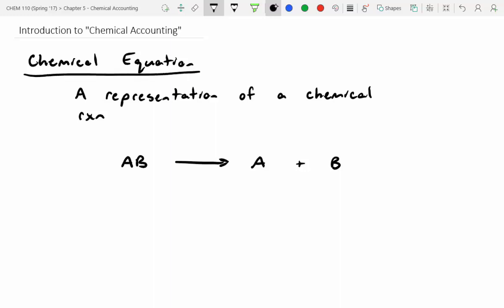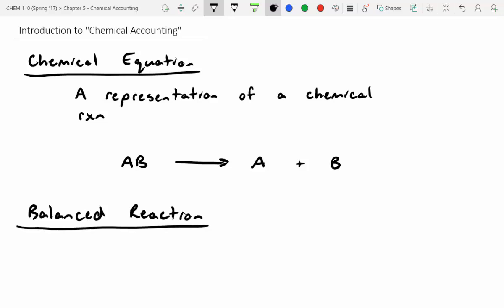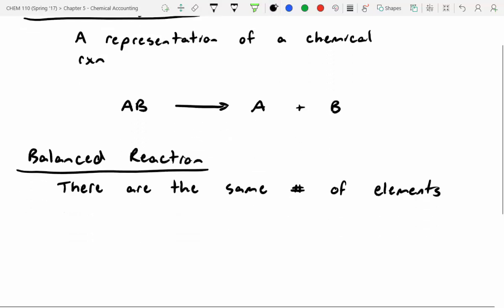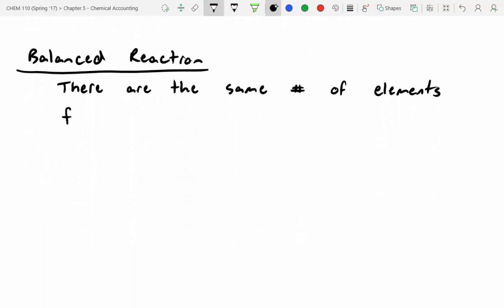So let's make another note about balanced reactions. A balanced reaction means that there are the same number of elements for the starting materials side and the product side.